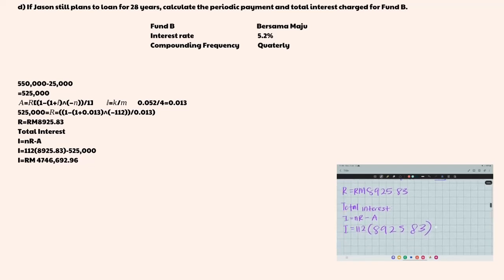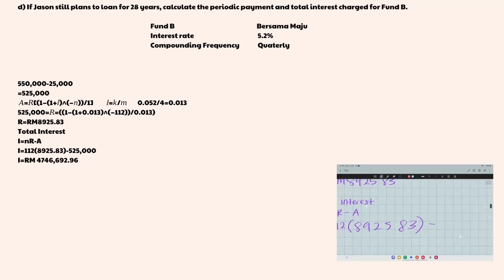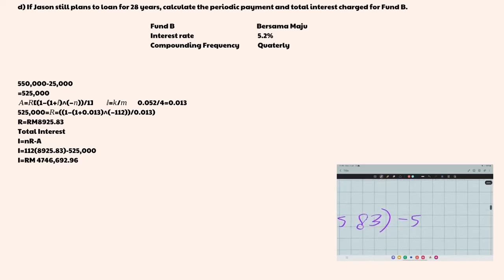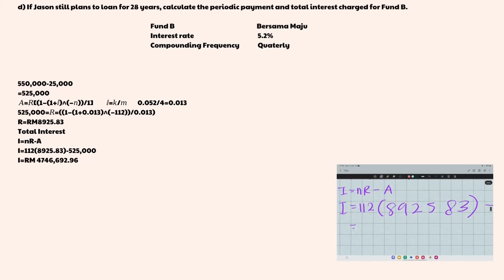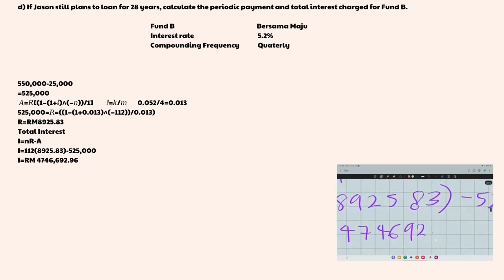Close the bracket, minus with 525,000. So the total is RM 474,692.96.